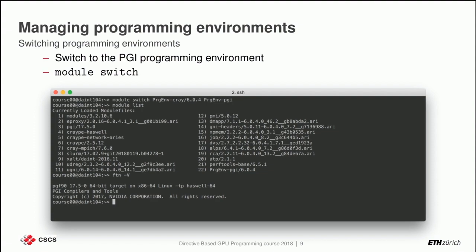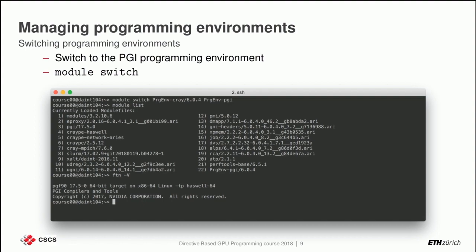Now, when you want to switch to a different programming environment, you use the module switch command. For example, here I switch to PrgEnv-pgi to get the PGI compiler. Then I do a module list, and you notice the difference in the modules: I have PGI, and also there's no version of the libsci library, because Cray does not provide it for PGI. libsci is a highly optimized LAPACK library by Cray.